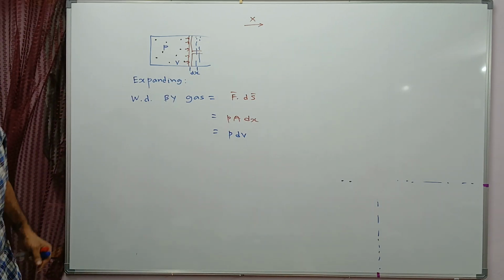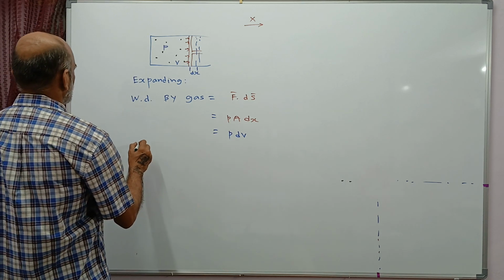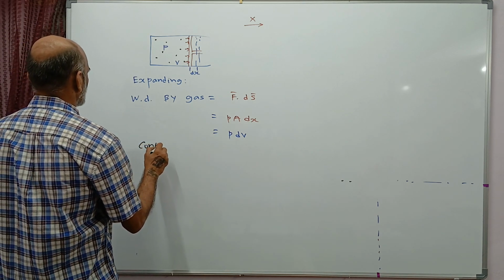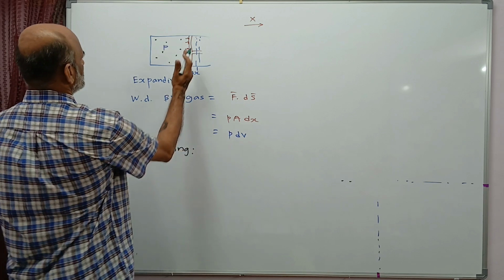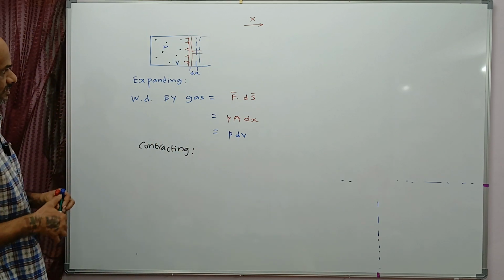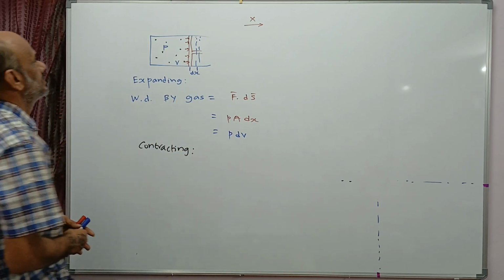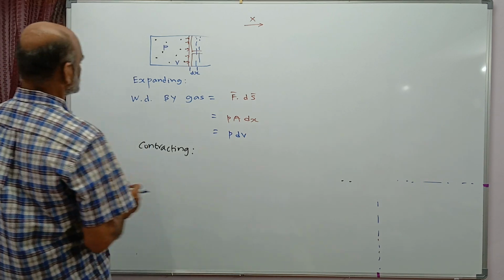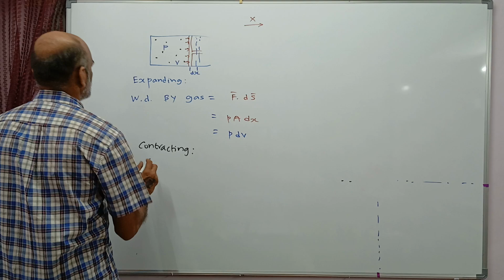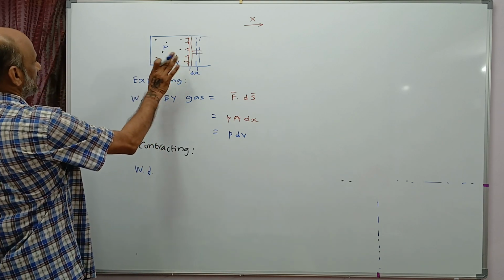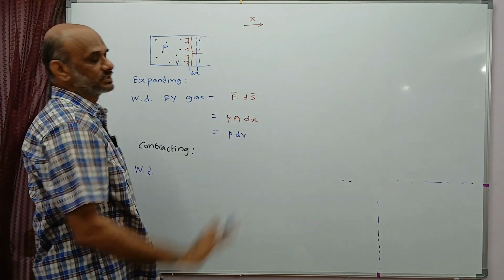Similarly, when the gas is contracting, that is when it's getting compressed, the piston will move towards the left. So in this case, the work will be done on the gas. Obviously, when it's expanding, the gas is pushing this piston, so gas is doing the work.